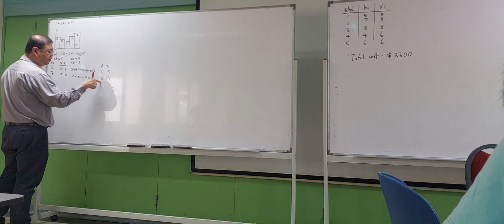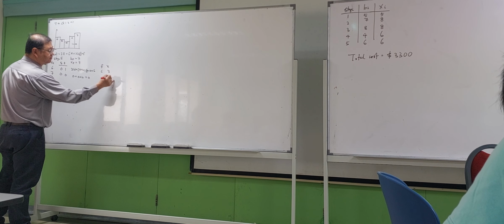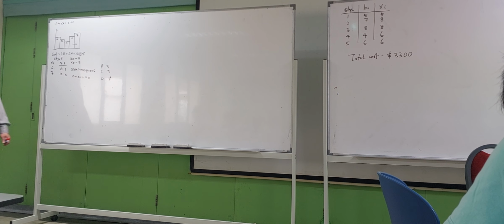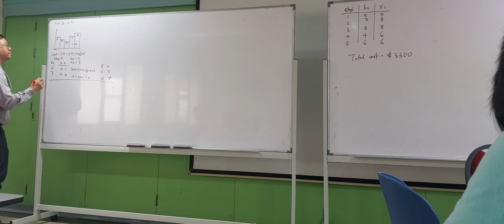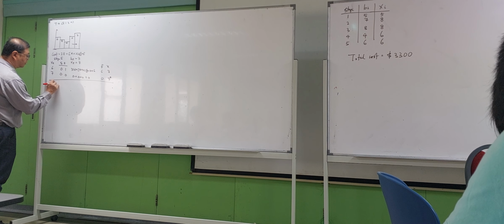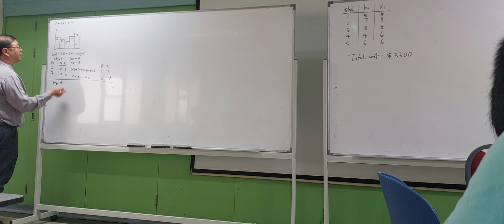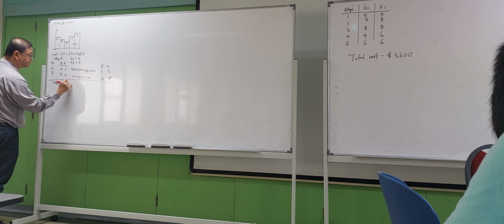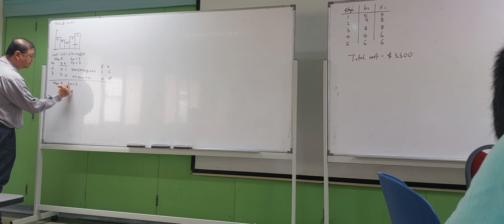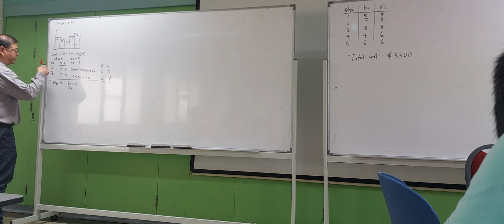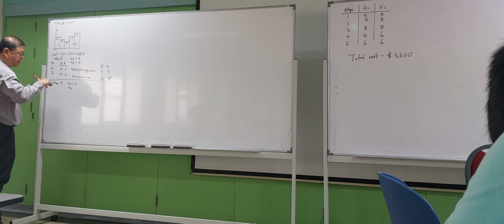Compare these two values, lowest 0. Stage 4, B4 equals to 6. X4, go back to here, from vertical to horizontal.